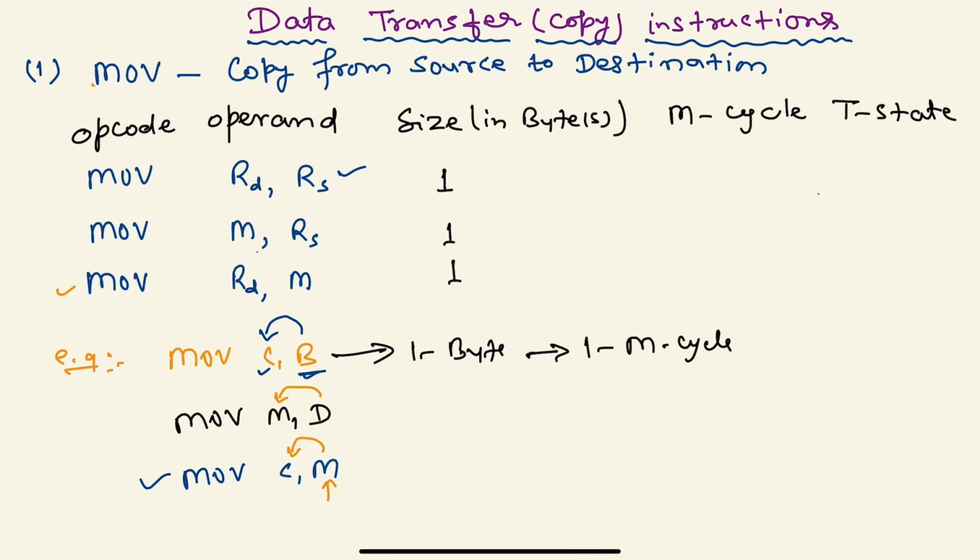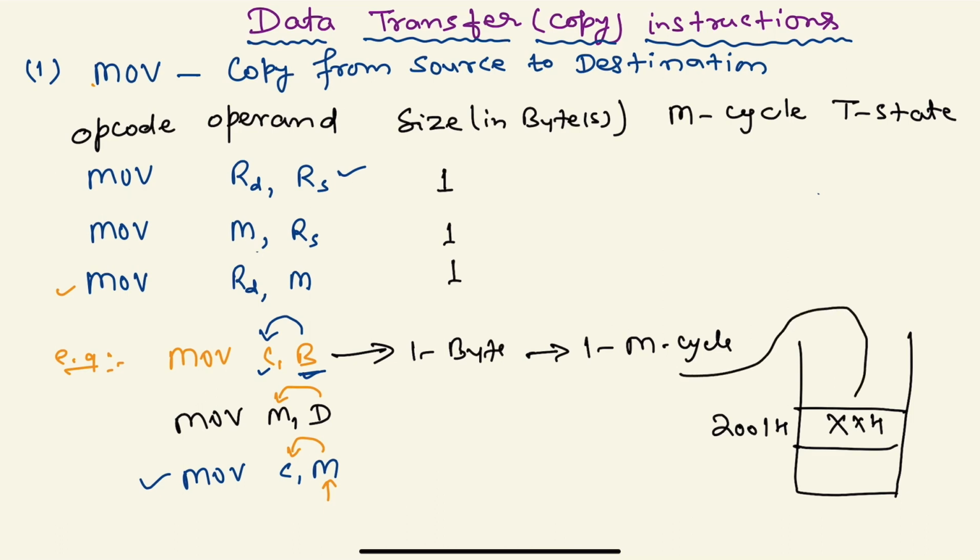By default, for example, let's say this is a 1 byte instruction and its hex code is stored at 2001H. Let's say the hex code is XXH. This XXH opcode will come from memory to the microprocessor, and after execution of the opcode, the processor knows that the operand, a processor register, is available inside the processor itself.